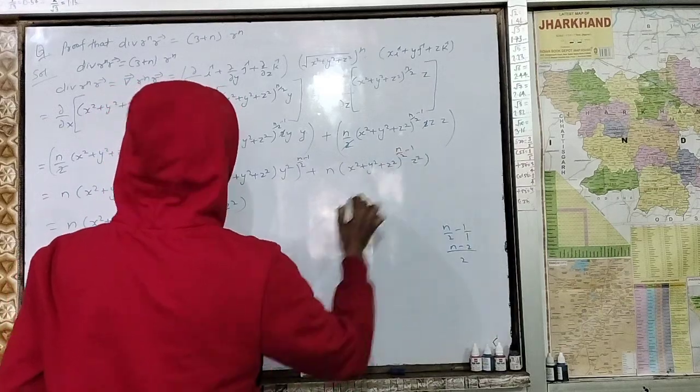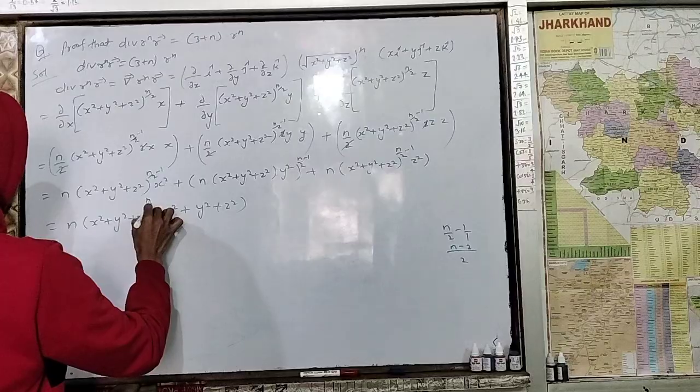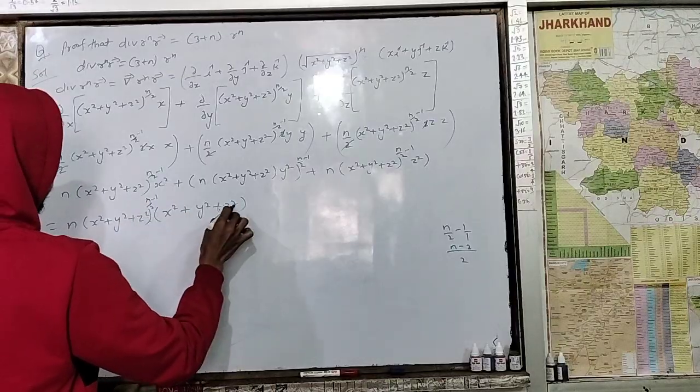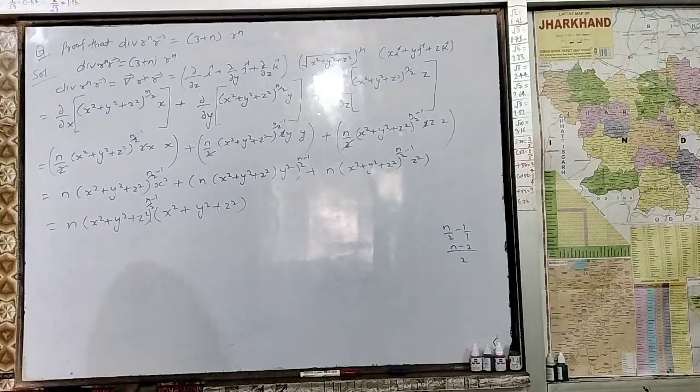So this will become n upon 2 minus 1. This is common and everything is the same.